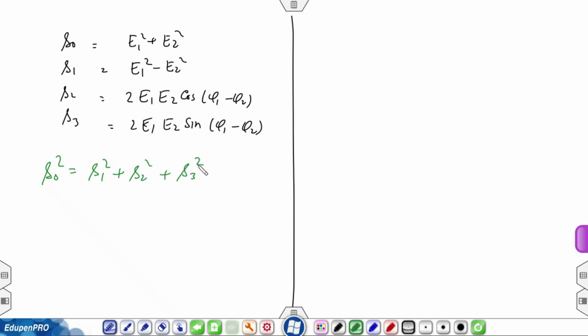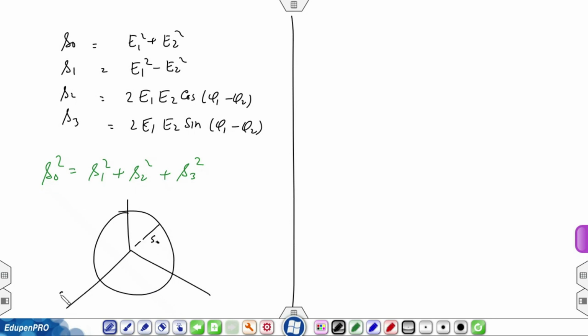This is something which is satisfied. So, sometimes you also represent the polarization on something called the Poincare sphere, which is nothing but a sphere of radius S 0, with S 1 in one direction, S 2 in the other, S 3 in the third direction, and every point on this sphere represents a different state of polarization. So, this is a representation of Stokes parameters on the Poincare sphere.